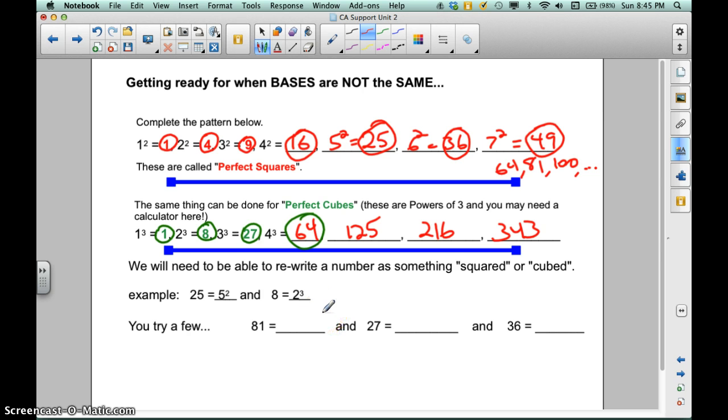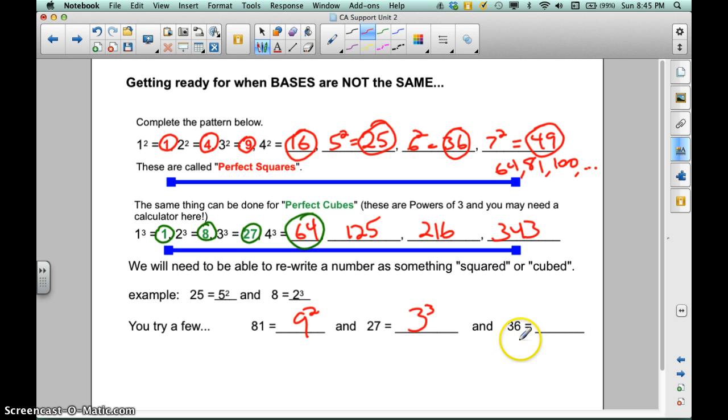All right, how'd you do? I hope you took a look and saw that 81 is actually 9 squared. And 27, if you look back at your perfect cubes, is 3 to the power of 3, or 3 cubed.